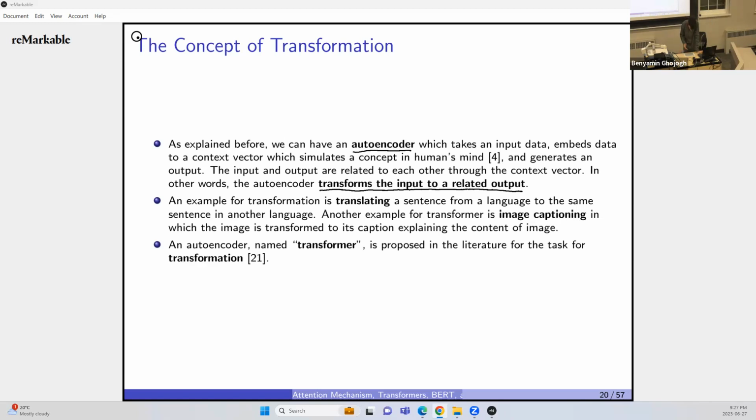An example is translating image to some caption. An autoencoder, therefore, can be said to be a transformer because it transforms input to output. Guys, this is important. We'll go into an interesting part. So why can I call autoencoder transformer? Because it transforms. Hence the name transformer, okay?